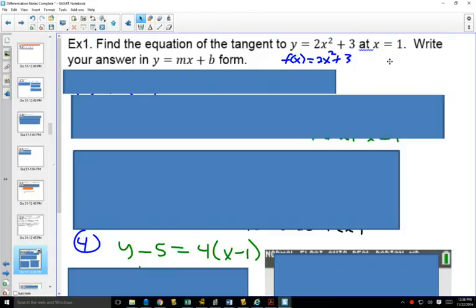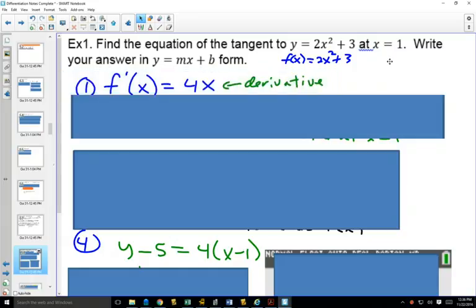So here's our first function. And underneath that function, I wrote it in function notation as well. We want to find the equation of that line at x equals 1.